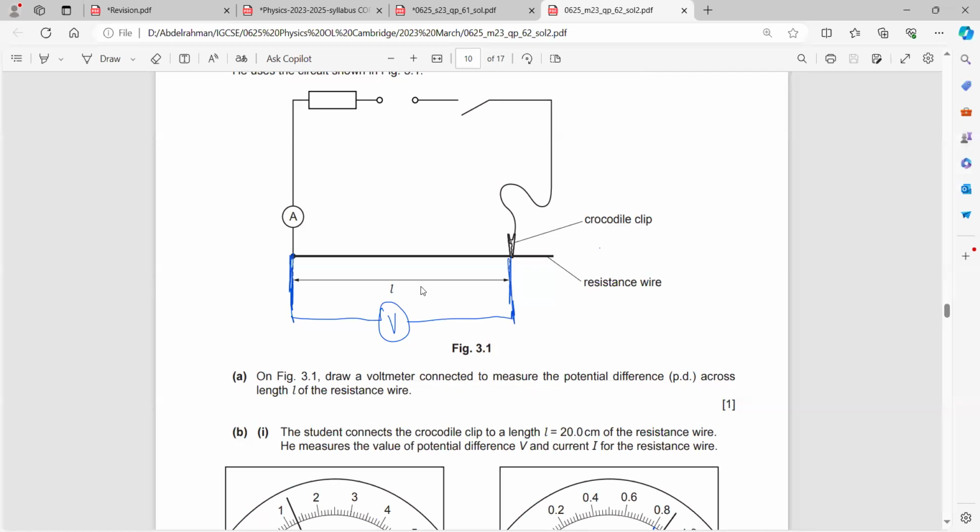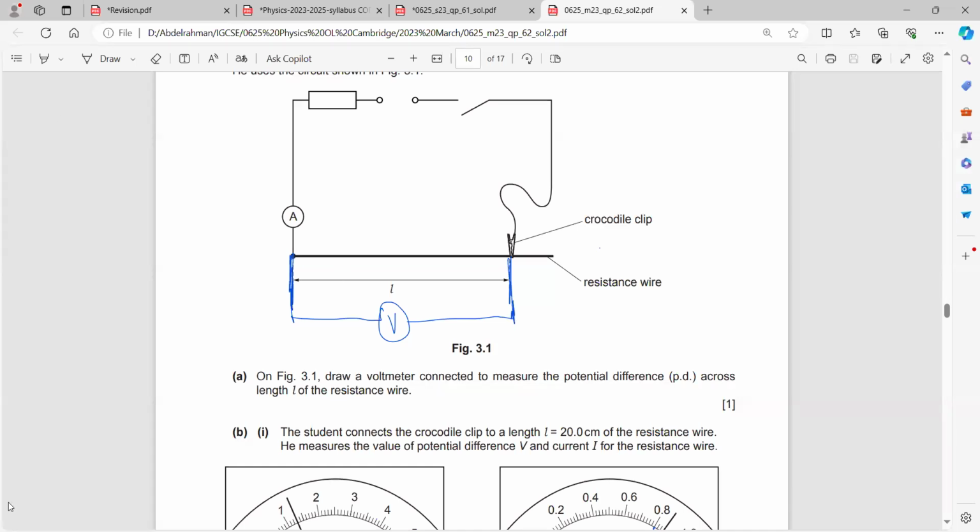While taking the reading from the ruler, you could, for example, add or subtract. There would be an error, guys. So that's the problem while measuring the distance using a crocodile clip. Other than that, you wouldn't have this problem. Why? Because you can take the reading perpendicularly from the ruler. It would be quite easy.